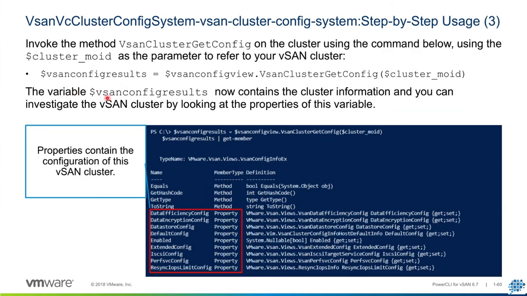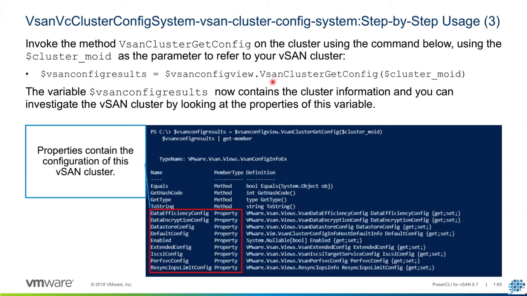Now in the next step, I'm going to access one property of the variable vSAN config view. If you remember, in the first step, we stored all the cluster information in this variable. Now I'm going to invoke a method on this variable.